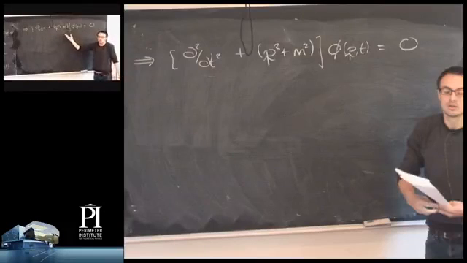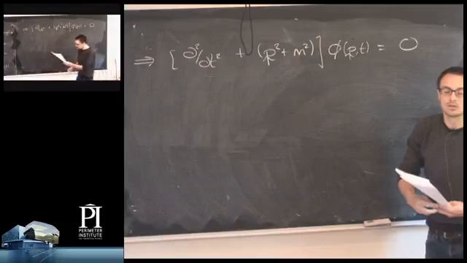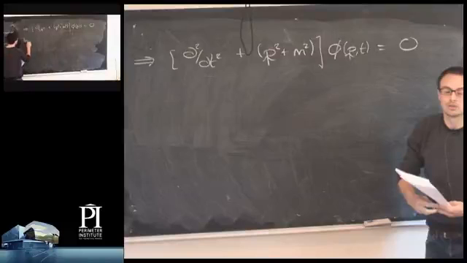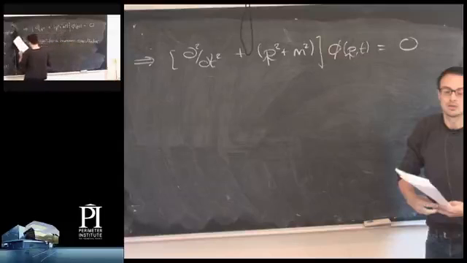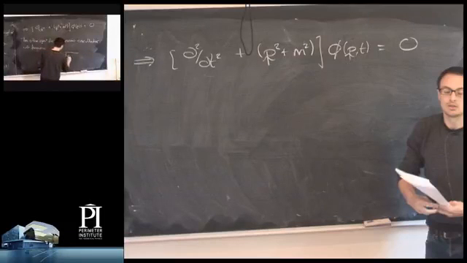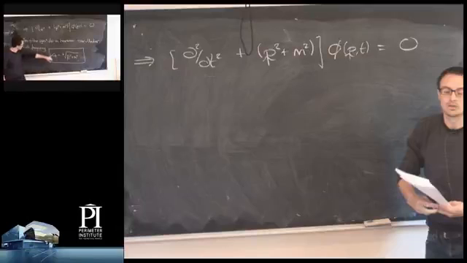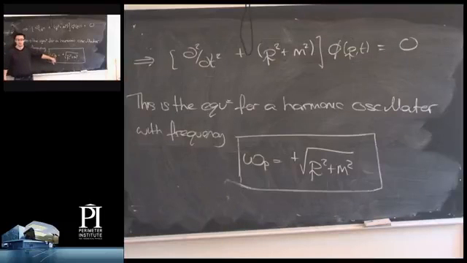But this equation is just the equation for a harmonic oscillator. The frequency of the harmonic oscillator is this guy here. This is going to arise over and over again in the next couple of lectures, so we're going to give it a name. We're going to call it omega subscript p.